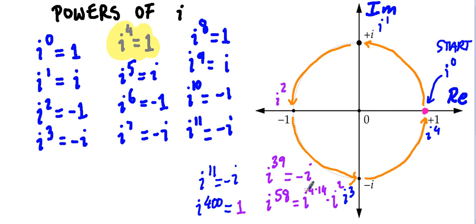So i to the 56: 56 divided by 4 is 14 circles to get to 1, and then 2 more turns, 1, 2, so that would be negative 1. So i to the 58 would be negative 1.